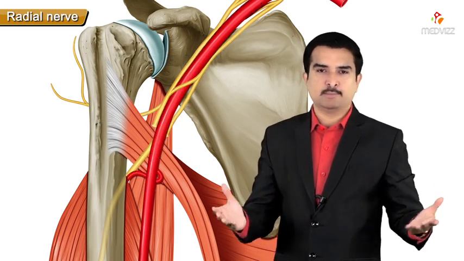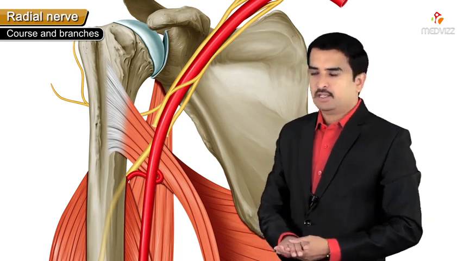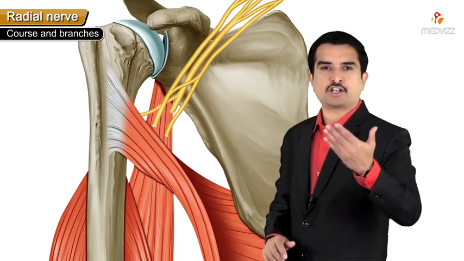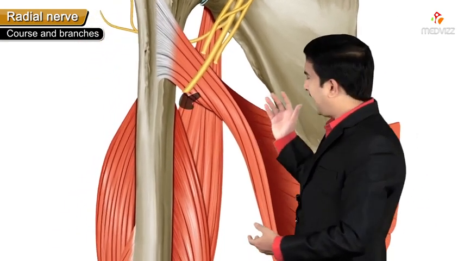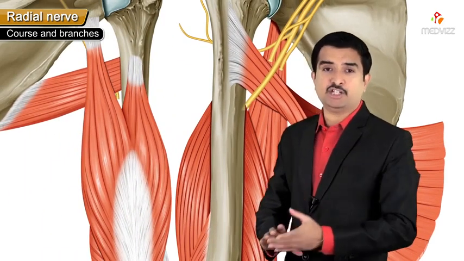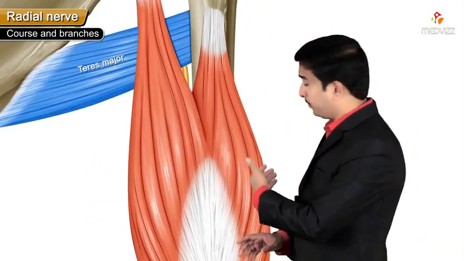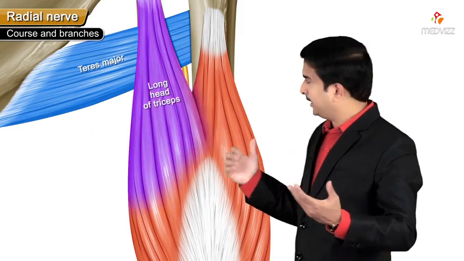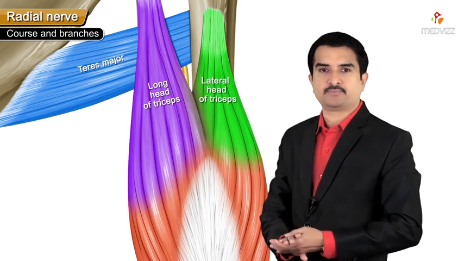Now let us discuss the course and its branches. So after the origin, that is from the posterior cord of the brachial plexus, it goes from anterior to posterior via a triangular interval which is bounded by the teres major superiorly, the long head of the triceps medially and the lateral head of the triceps laterally.